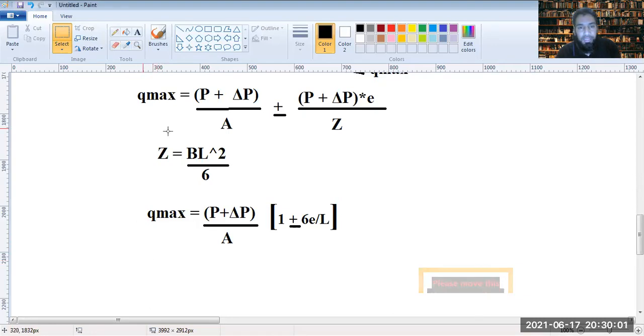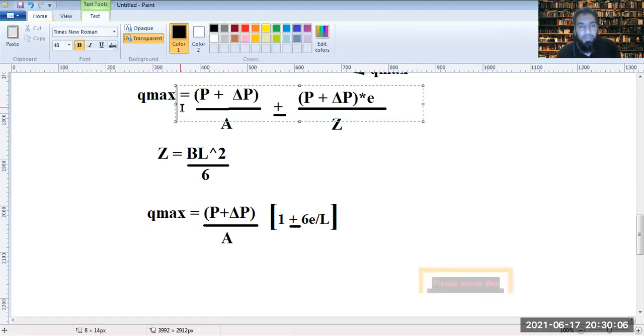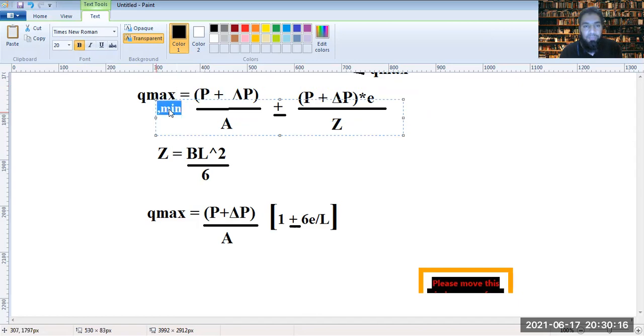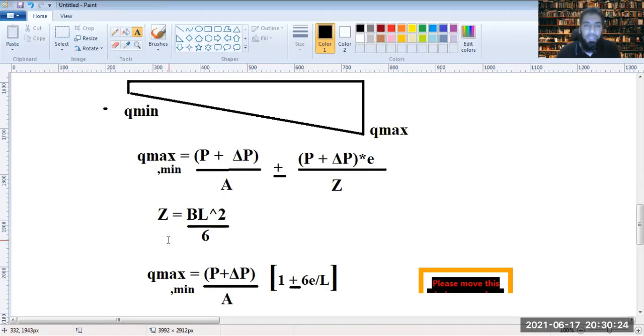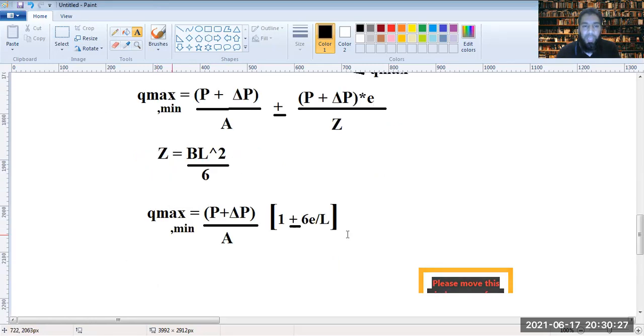When we introduce the minus here, we also get the minimum value. Thereby, Q maximum would be 1 plus 6E by L into P plus delta P by A, and Q minimum would be 1 minus 6E by L.